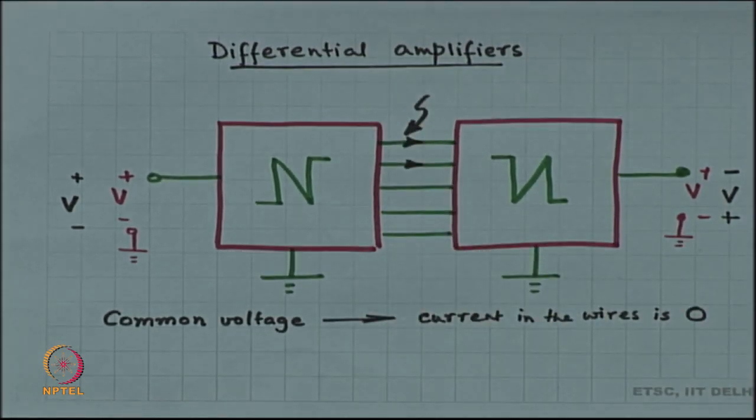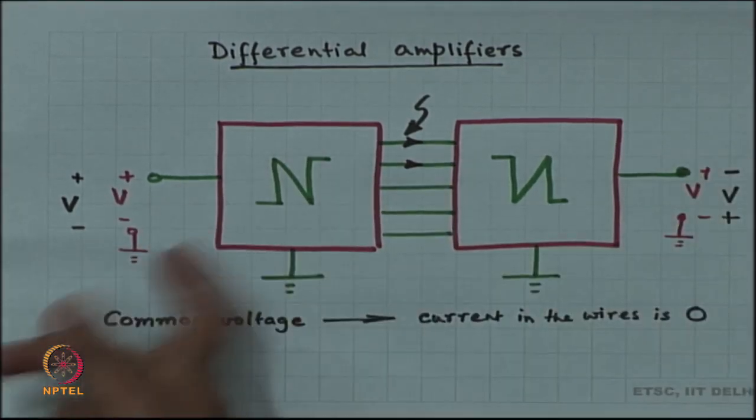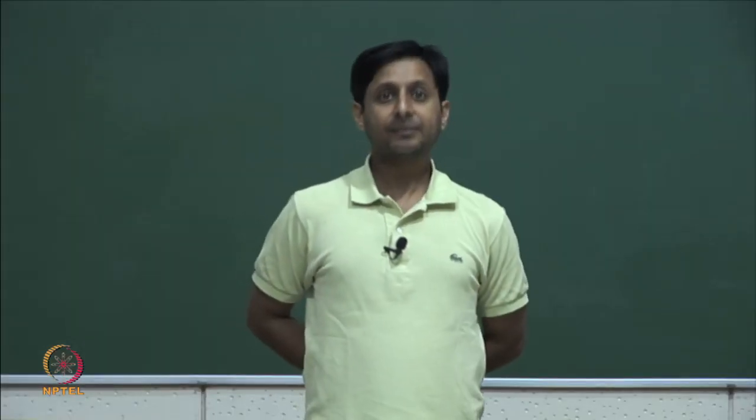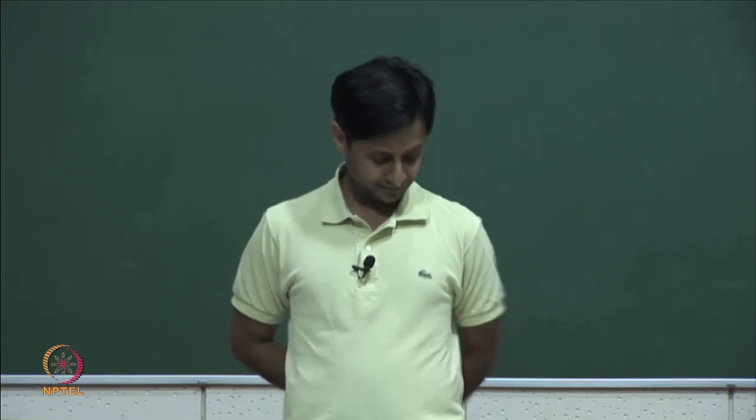Once again use superposition. You do V and 0 and then you do minus V and 0, two experiments. The circuits are linear, no, let us forget non-linearity in the circuits. What happens? The voltages in between are 0. Why?